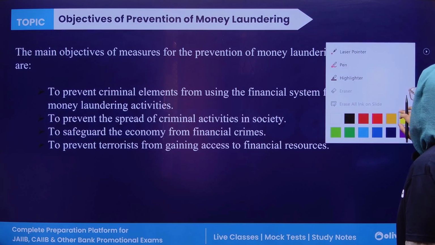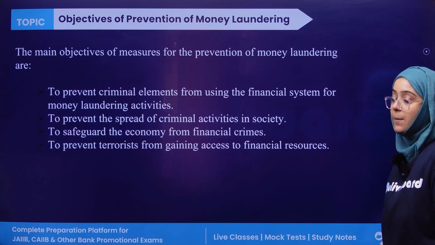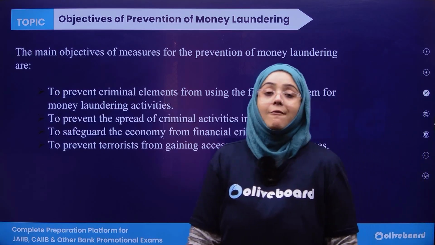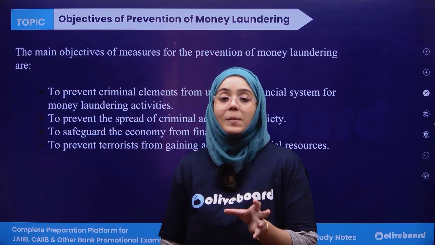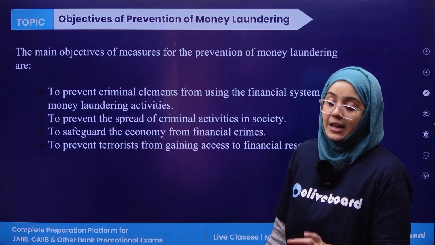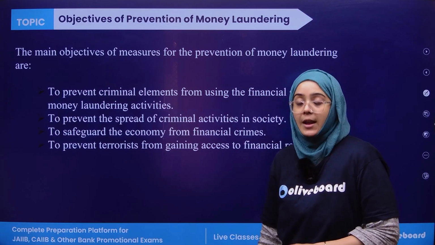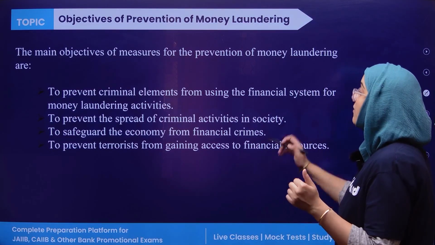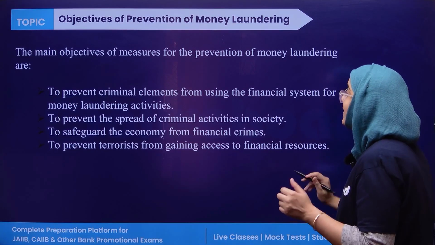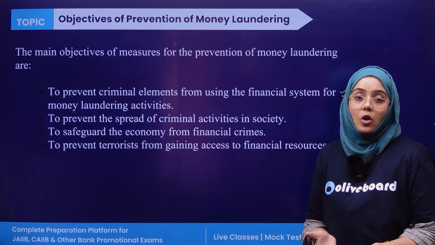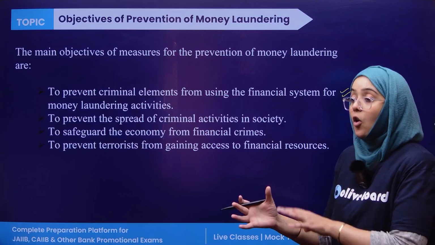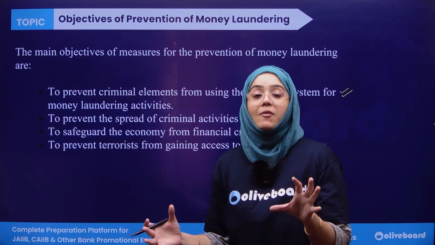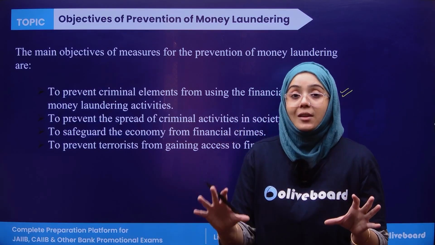Okay, now what are the objectives of the prevention of money laundering? This you all know. Why does this money laundering need to be stopped? First of all, to prevent any type of criminal activities arising from money laundering. Obviously, money laundering gave rise to terrorism financing and financial crimes also.